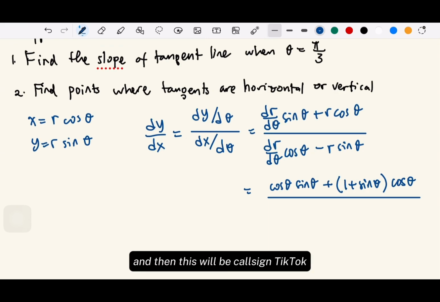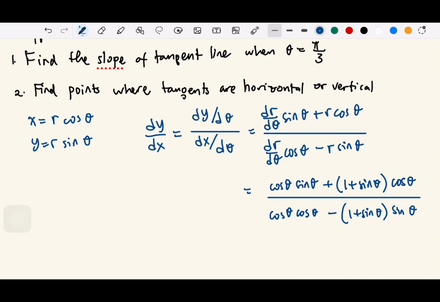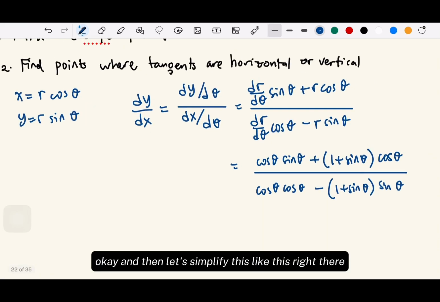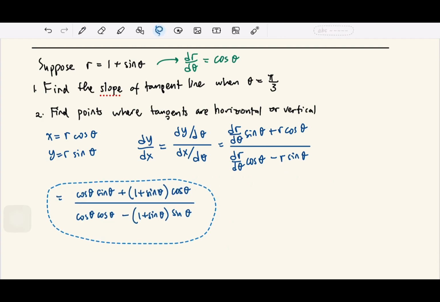And then this will be cosine theta. Let me just write cosine theta like that. Minus 1 plus sine theta, and then sine theta. Okay, and then let's simplify this.